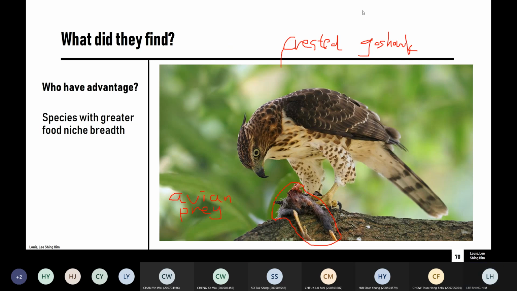So, this word avian, AVIAN, it means birds. Generally, it means birds, but sometimes people say flying animals or airborne animals.